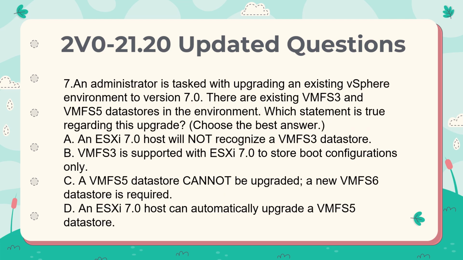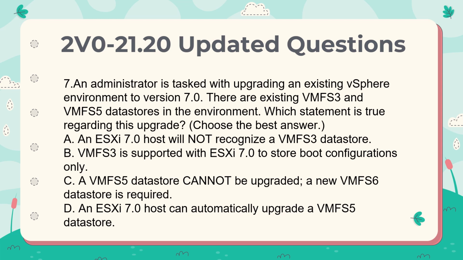7. An administrator is tasked with upgrading an existing vSphere environment to version 7.0. There are existing VMFS3 and VMFS5 datastores in the environment. Which statement is true regarding this upgrade? Choose the best answer. A. An ESXi 7.0 host will not recognize a VMFS3 datastore.